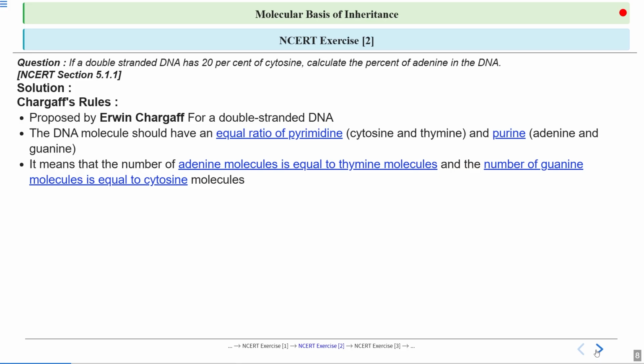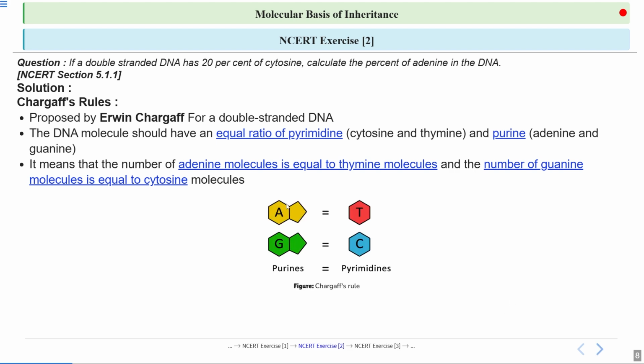It means that the number of adenine molecules is equal to the number of thymine molecules, and the number of guanine molecules is equal to the number of cytosine molecules, because they have to complement each other.